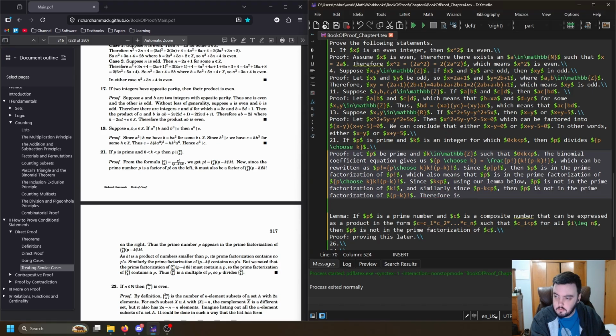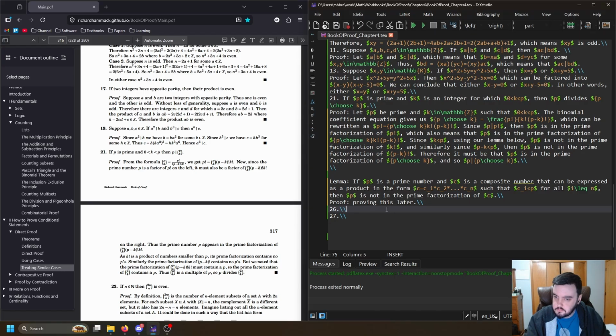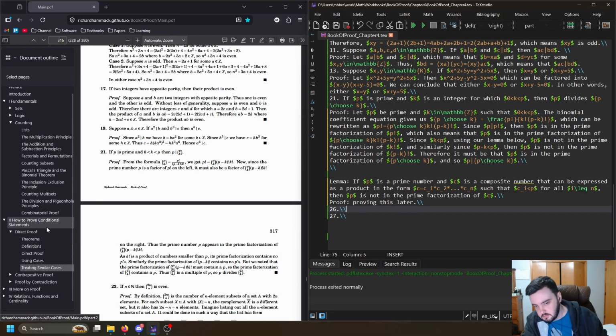Therefore, it must be that p is in the prime factorization of p choose k, and so p divides... boom, done. Awesome. All right. Man, what a problem.